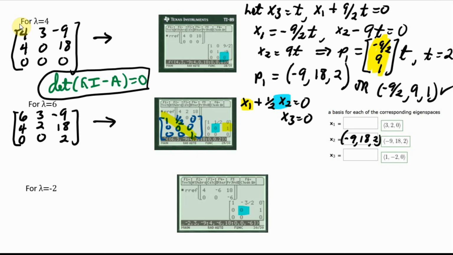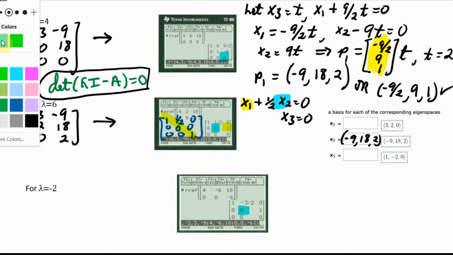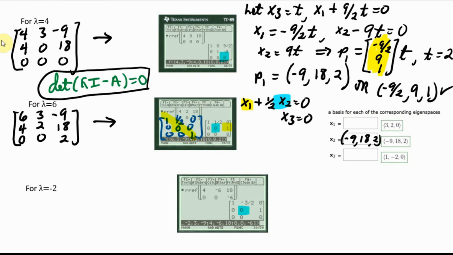So at the x sub 2 is where the coefficient goes out. So we have a floating parameter. So we set x sub 2 equal to t, and then that implies that x sub 1 is equal to -1/2 t.